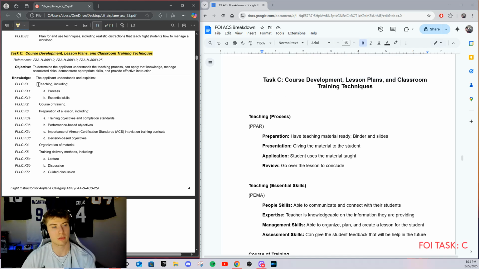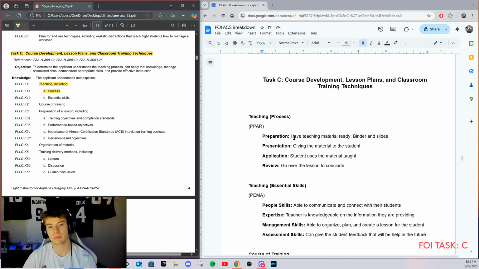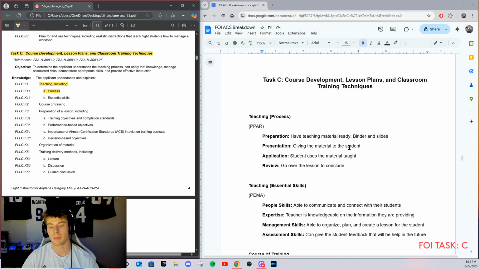First one, we have teaching, including process. So the first one we have here is PPAR is the acronym, or the abbreviation. Preparation, so having teaching material ready, binders and slides. That one's a big deal for a CFI because you have to be prepared, or your student can become apathetic towards you.